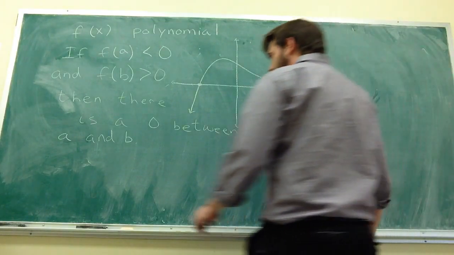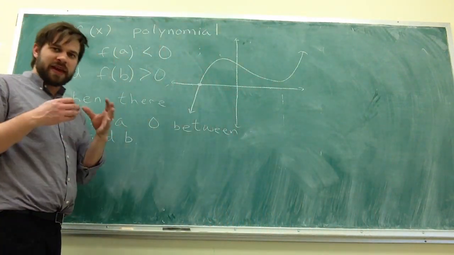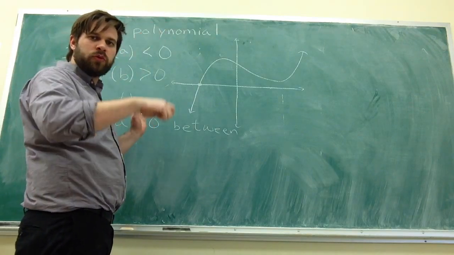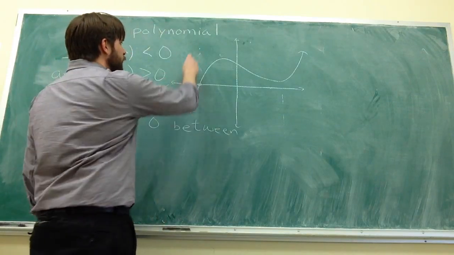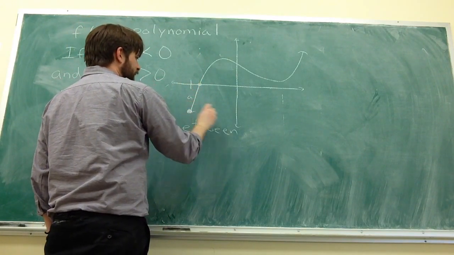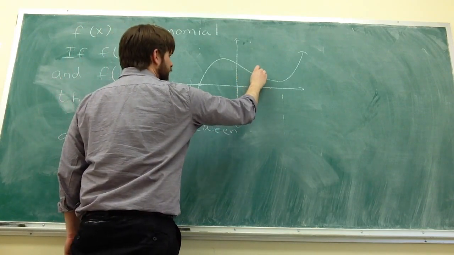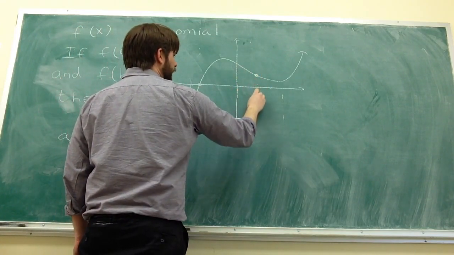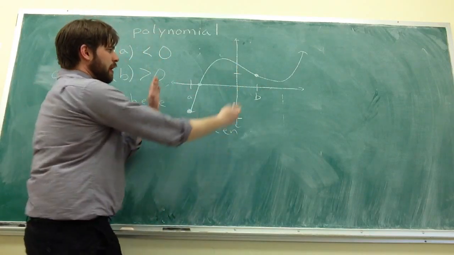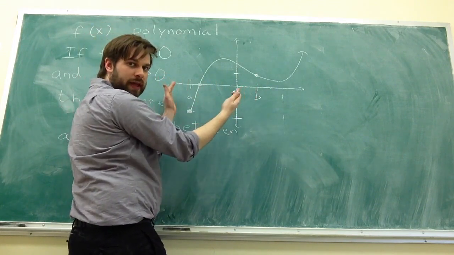And so let's look at an example of this. Well, let's look at the picture real quick first, because it makes sense, because a polynomial has a nice smooth looking graph. So if we go out here and we find some point A where we have a negative value, and we go up here and we find some point B, then I know that there's got to be a 0 somewhere in between those two things.